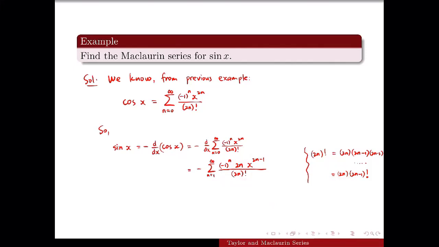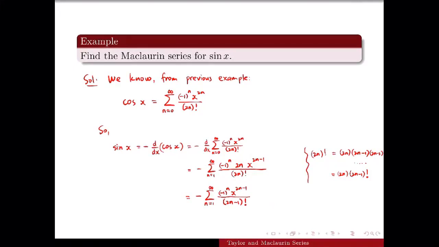So we will have negative sum, n from 1 up to plus infinity, negative 1 raised to n, x raised to 2n minus 1, divided by 2n minus 1 factorial.